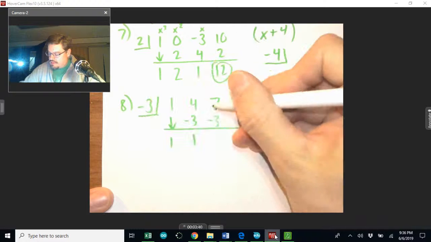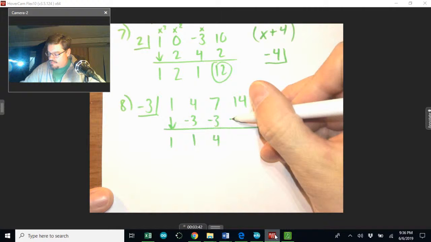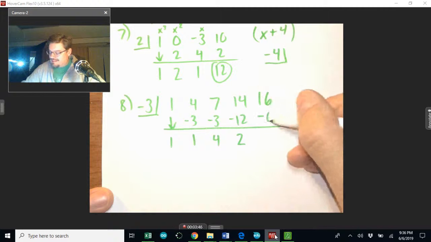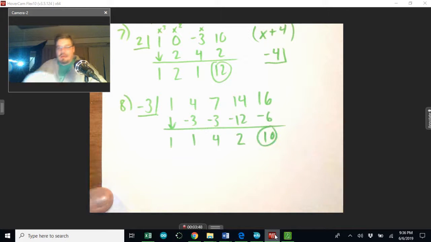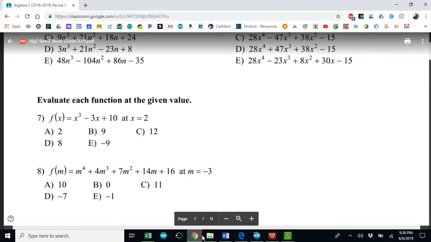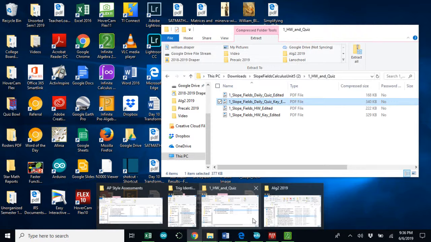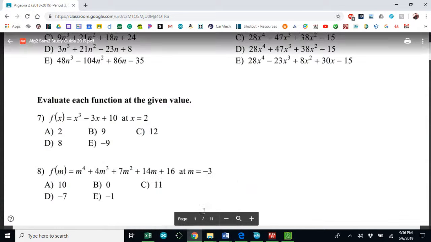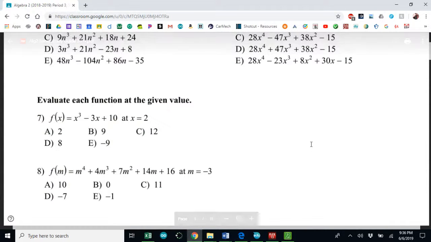Drop that. 4, -12. Add that. That's +2. -6, and I get a +10. And I will just double check that. I feel like I did it a little fast, and that's A. So 7 is C, and 8 is A.